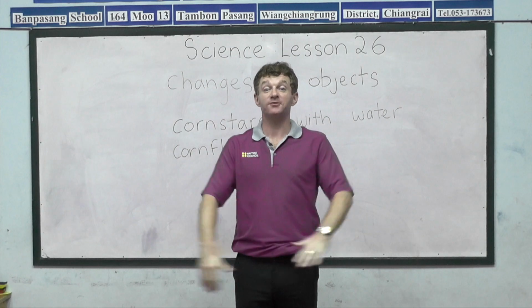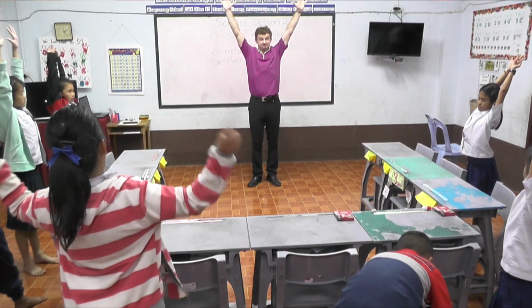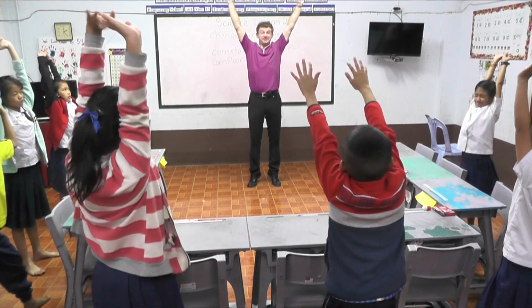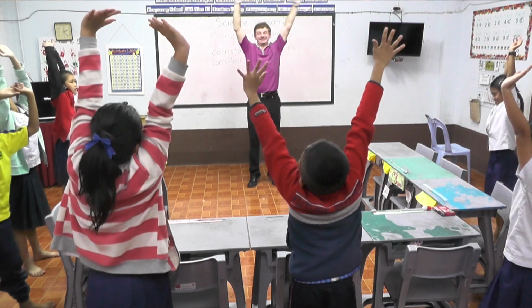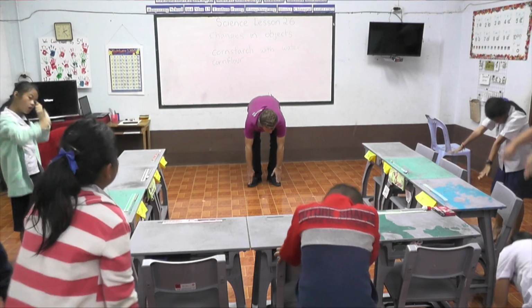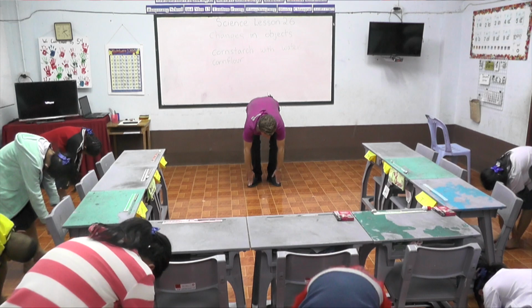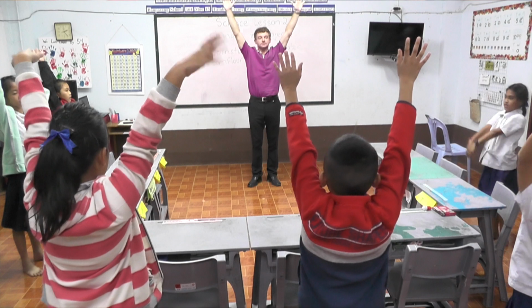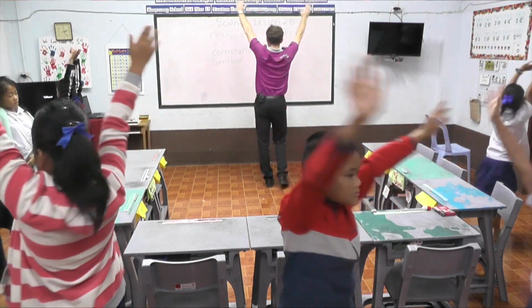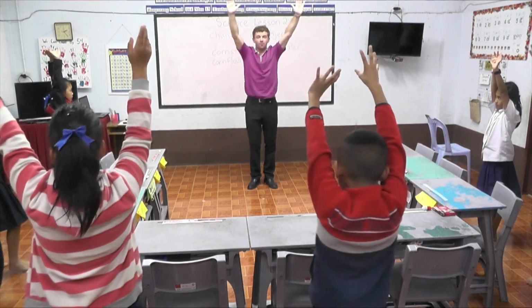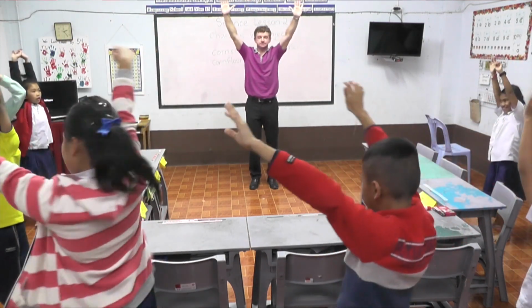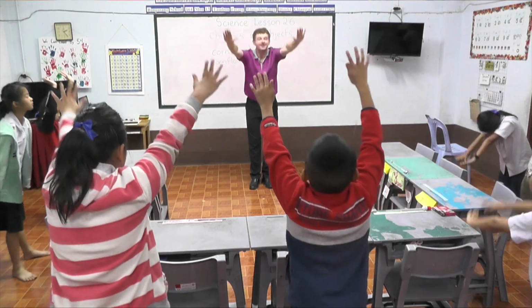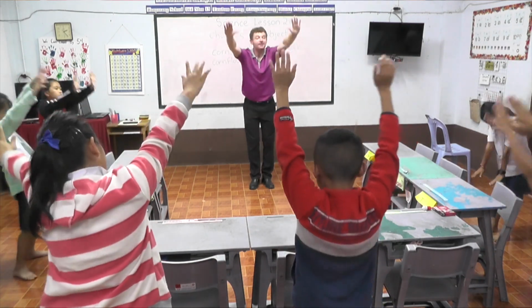And we'll begin by stretching up high. High as we can. Tippy toe high. And then let's go down and touch our toes. Back up. And this time, can we turn around? Can we go back the other way? Can we go forwards and backwards?